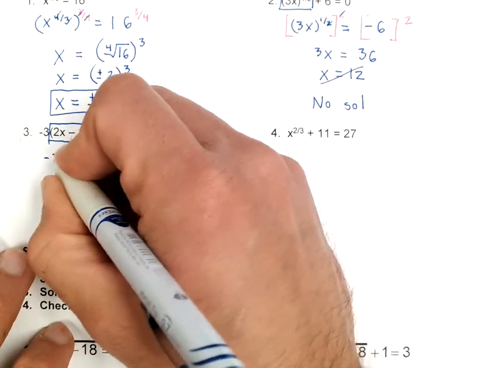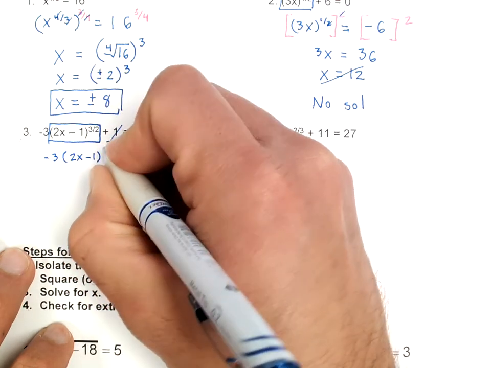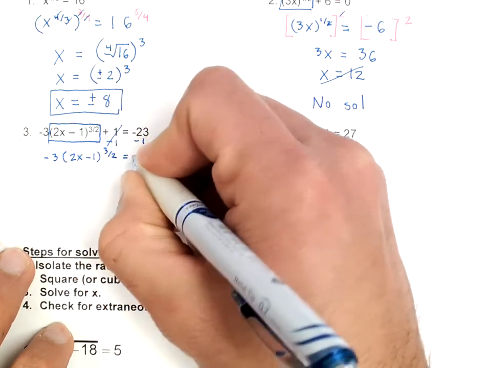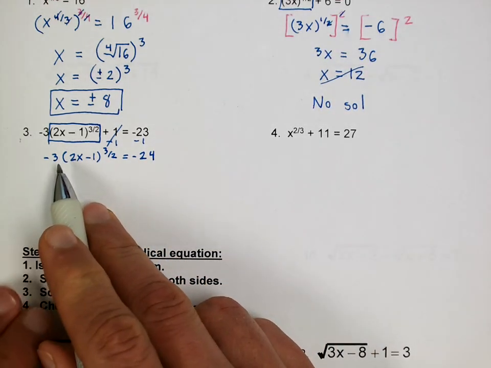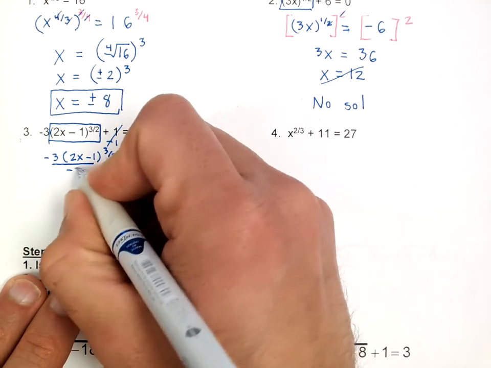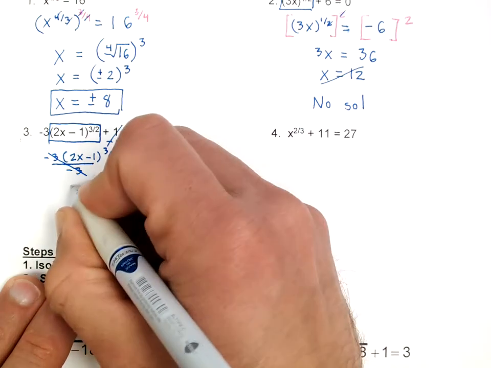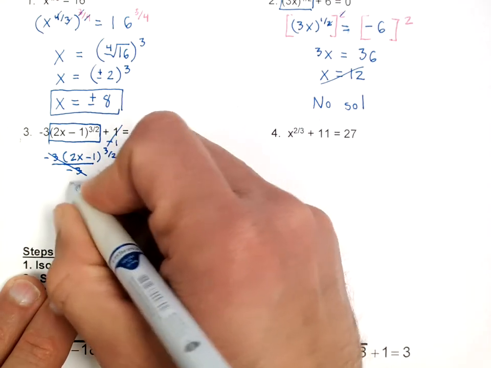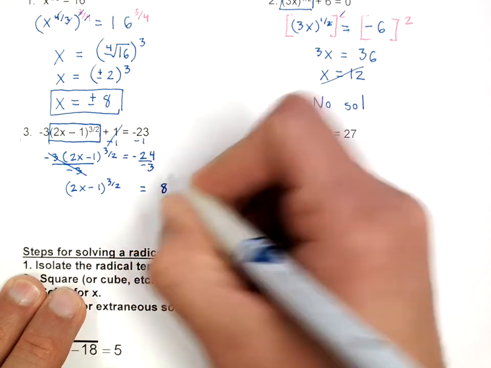So we have negative 3 times (2x minus 1) to the power of 3 halves is equal to negative 24. And I'm going to get rid of this negative 3 also. So I'm going to divide this by negative 3, divide this by negative 3, so I get 2x minus 1 to the power of 3 halves is equal to 8.